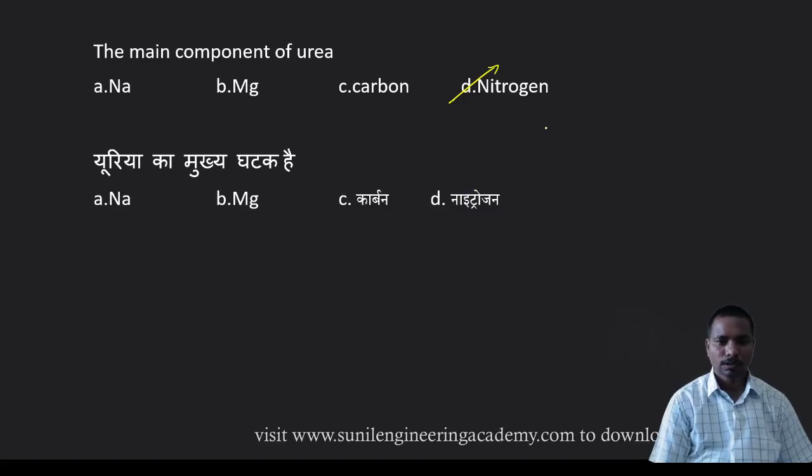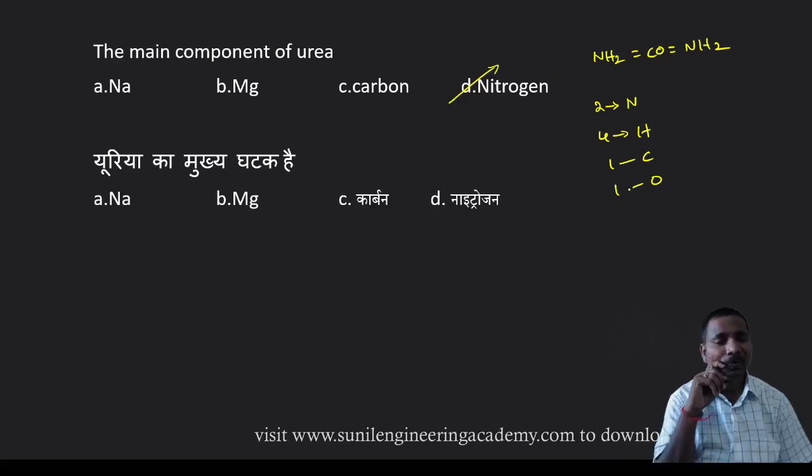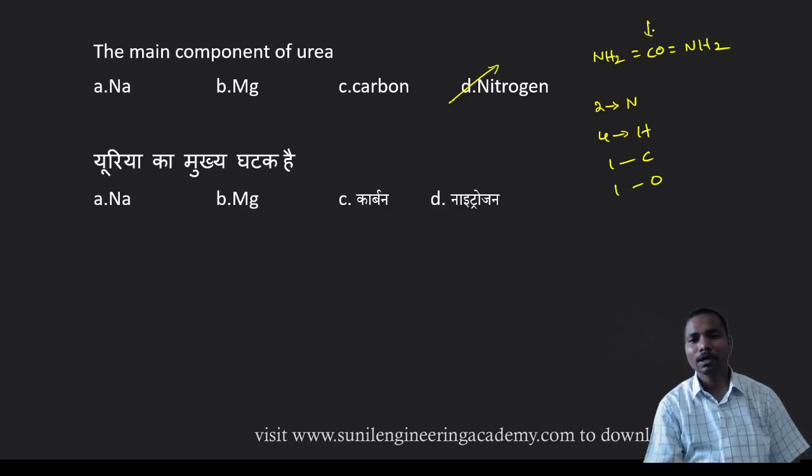In the urea formula, NH2 CO NH2, we have two nitrogens, four hydrogens, one carbon, one oxygen. While we see the formula, we can say hydrogens are four, then main component is hydrogen. No, we don't want to take like that. We have to take their atomic masses.